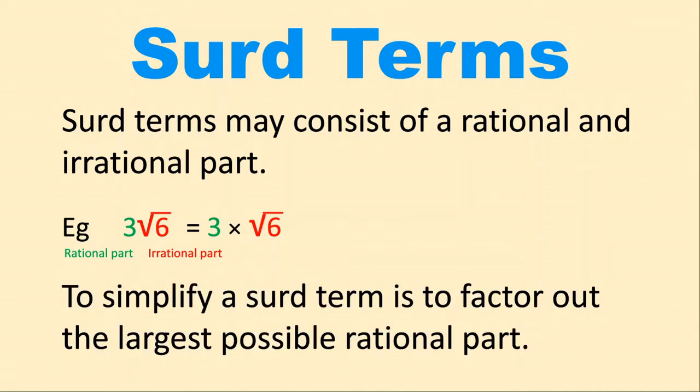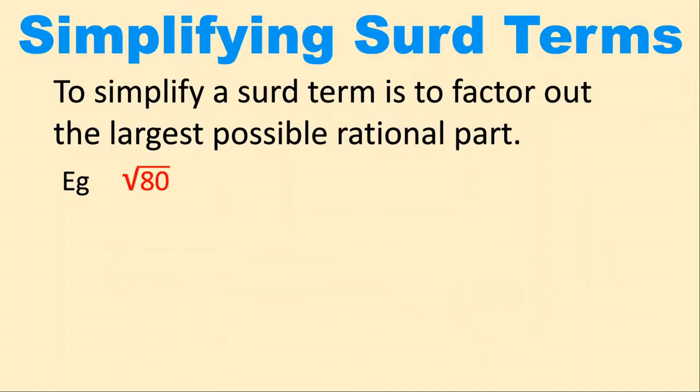To simplify surd terms means to factor out the largest possible rational part. For example, the square root of 80. If you put square root 80 on your calculator, you'll get an irrational number. That is, you'll get a decimal number that is very long, in fact it goes on forever, with no obvious repeating pattern.